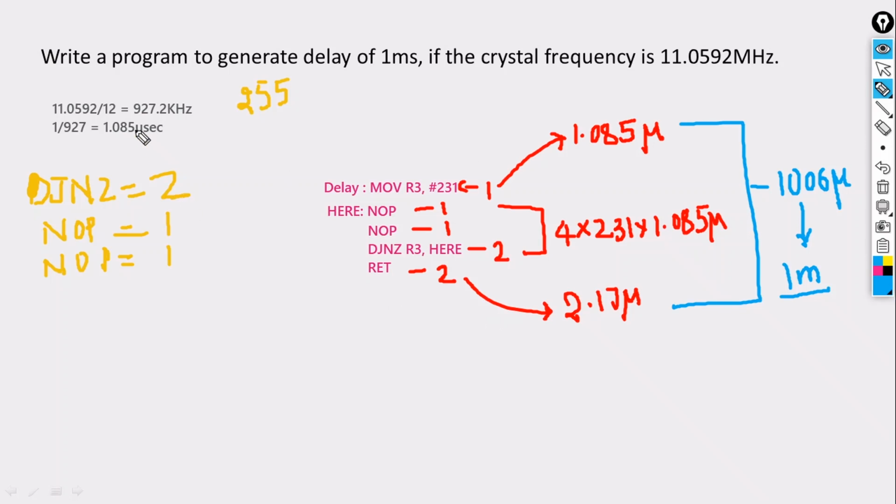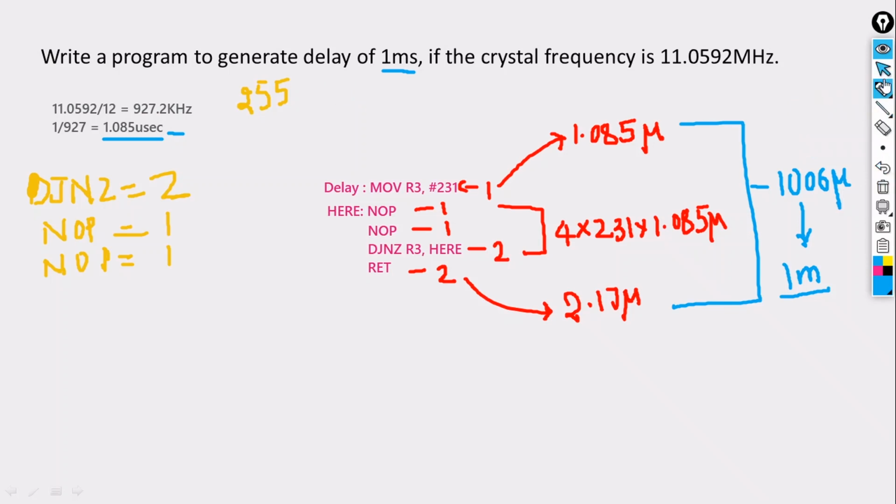So first, we calculate the value required for one machine cycle, and we divide the required delay by this value.